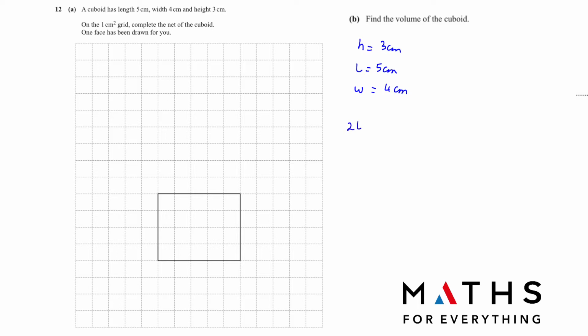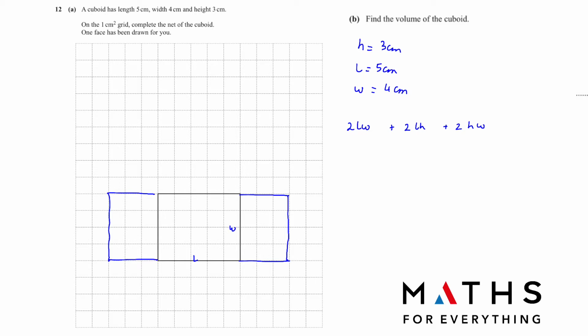So 2 length times width, 2 length times height, and 2 height times width. We have been given the length and the width. Now to draw the height, we will take 3 here and 3 here.